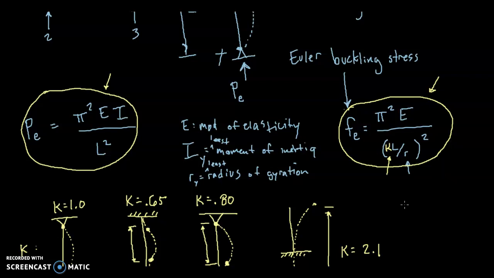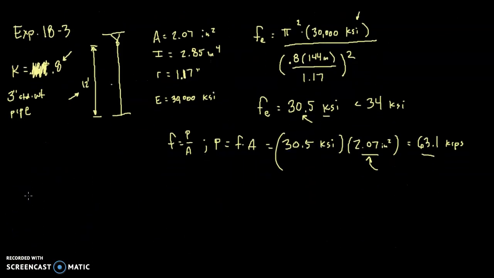I mentioned before this KL over R. K is a coefficient to do with the end conditions, multiplied by the unbraced length, divided by the least radius of gyration. This is what we call the slenderness ratio.